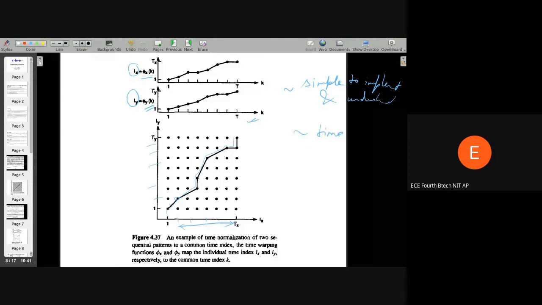See, in DTW, there is nothing called a training phase. Is there any training phase here? No. All you are doing is, at testing time, you get a signal, you extract the features, and then during testing you have to do this DTW process.